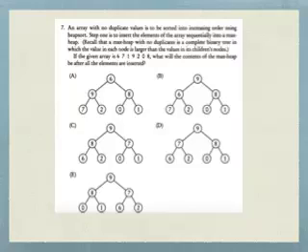So this is not a max heap, and we don't have to consider choice A. For choice B, looking at the left subtree, 6 is not greater than 7. So we don't have to consider choice B.